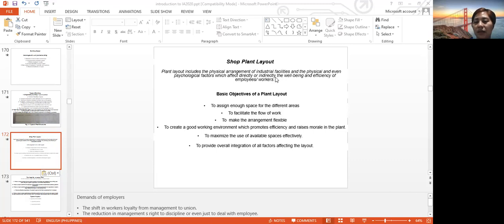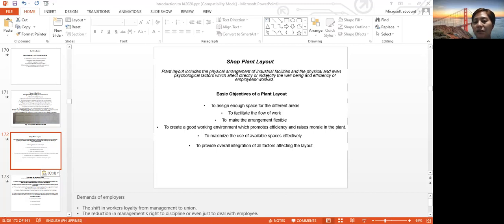That is why the layout or the arrangement directly or indirectly affects the well-being and efficiency of employees or workers. So it is important that there should be this shop plant layout for everything to run smoothly inside. Because when we speak of running smoothly, then the impact of this is of course efficiency.